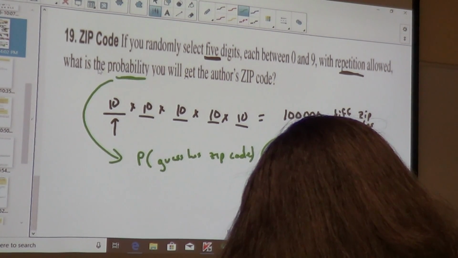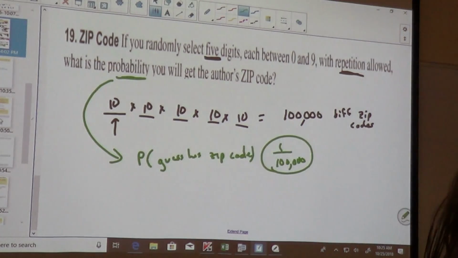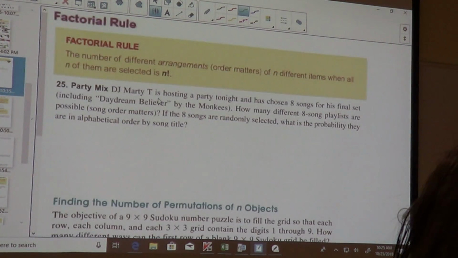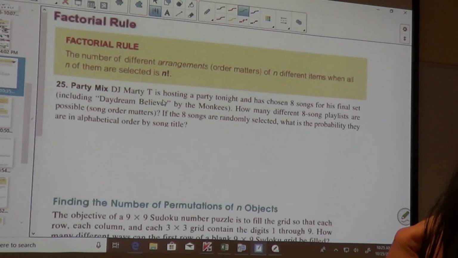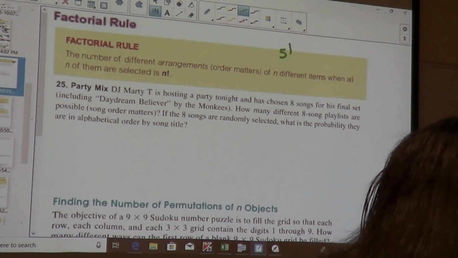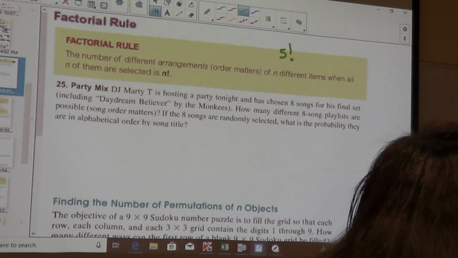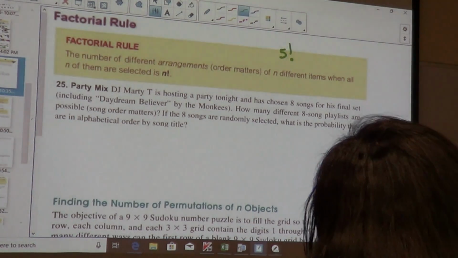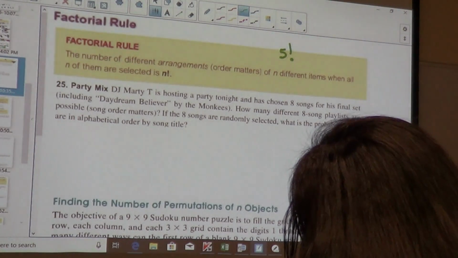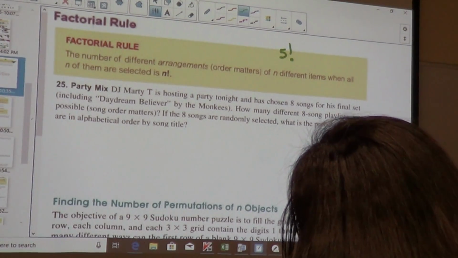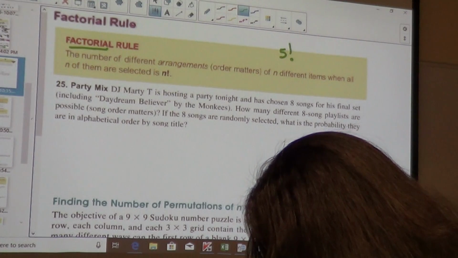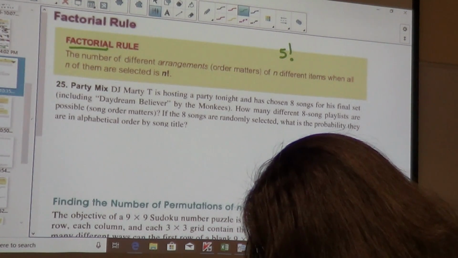Now we're going to learn about happy numbers. Five exclamation point. Y'all ever seen exclamation points behind numbers? Those are called factorials. When you have an exclamation point behind a number, it's a factorial.